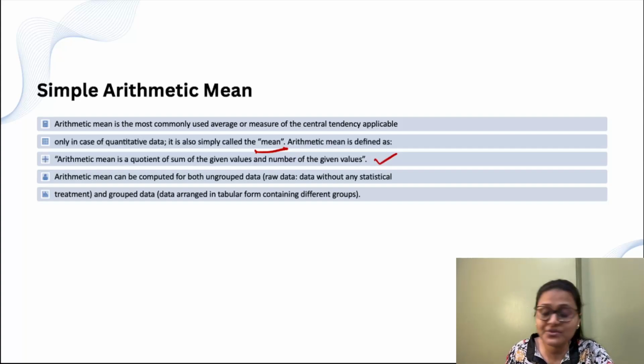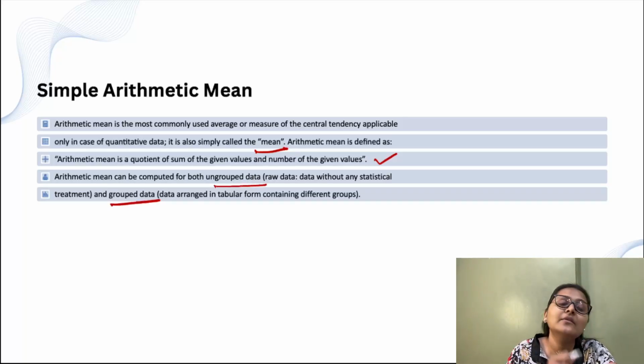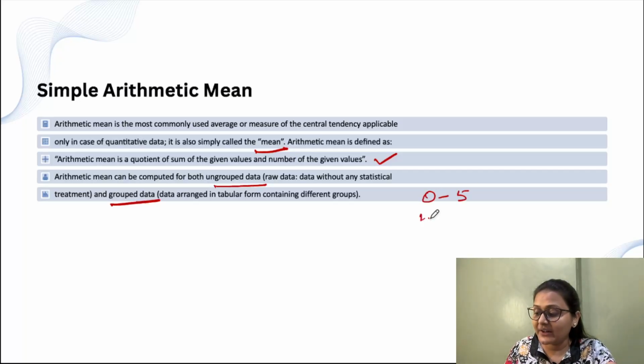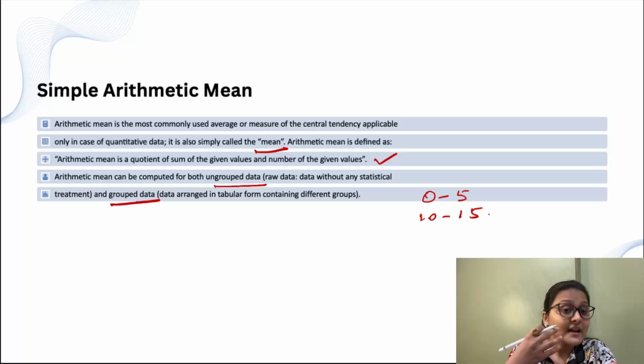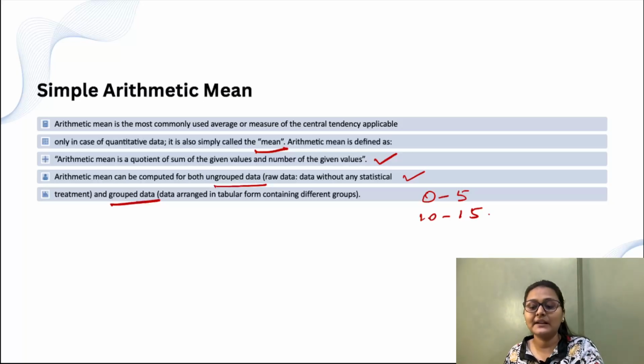This can be used in ungrouped data as well as in grouped data, like the data which is arranged in the tabular format, where the grouping of 0 to 5 or 10 to 15 is done, or it could be done in case of ungrouped data, like we have seen in the previous slide, the marks of the students or the income of the consumers and all. So that can be calculated.